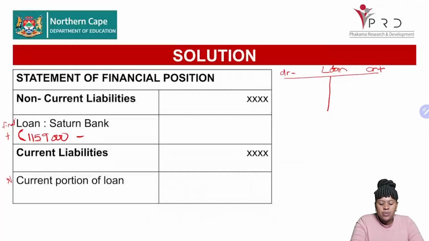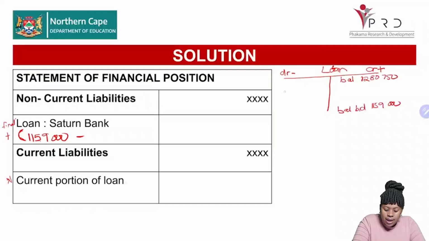What's given to us is the balance at the beginning, 1,280,750. And they've given us the balance at the end. So balance brought down is going to be 1,159,000, which means I have my balance carried down of 1,159,000.